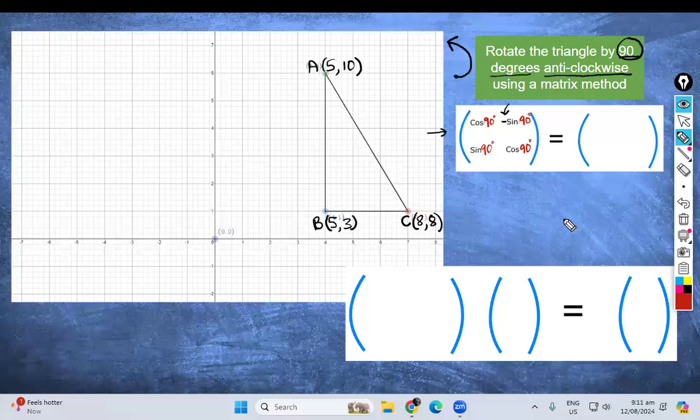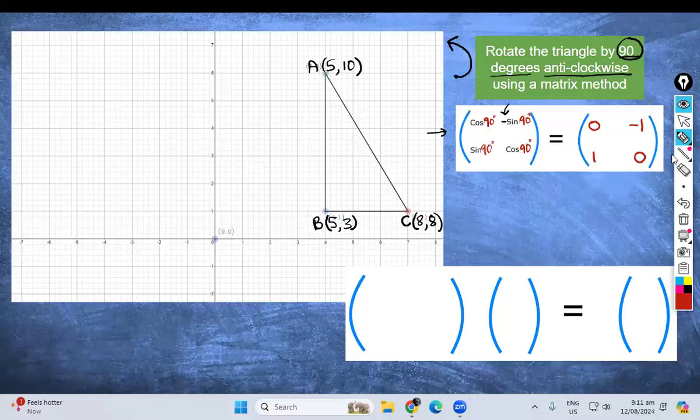And all you want to do, if you type in cosine 90 on your calculator, you will get 0. If you type in minus sine 90 on the calculator straight and press equal, you will get minus 1. If you press sine 90, you will just get positive 1. And cosine 90, we got 0.